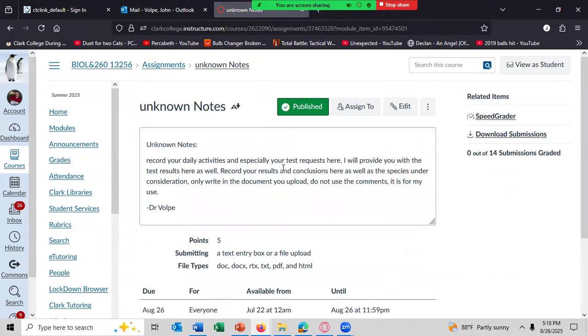Test requests. You should put your test results and conclusions, as well as the species under consideration. All right. And don't put it in the comments, put it in the document. If you put it in the comments, I'm not notified when you put in a comment, so I will not really pay attention to it. So make sure you upload it as a document.